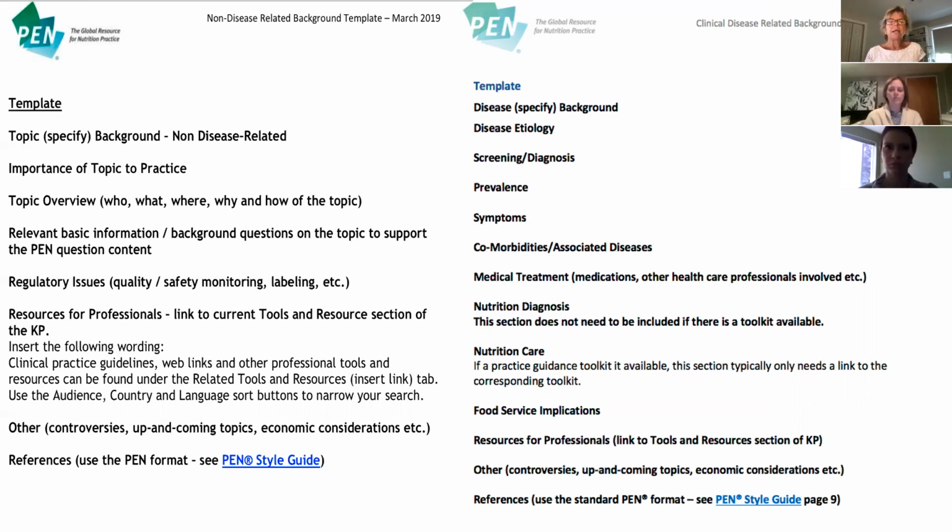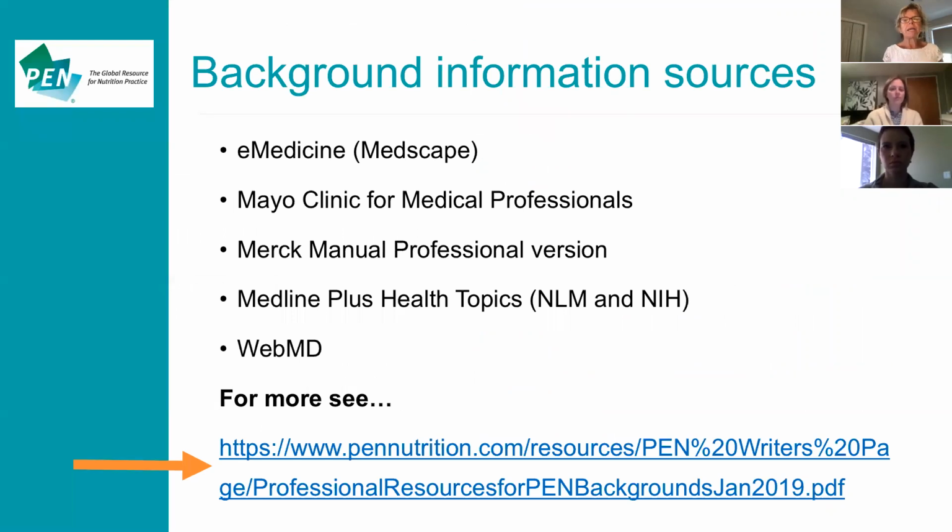It's an important part of understanding a topic. We have some information sources you would go to. I said textbook, but we have some electronic versions of resources that we can link to for this type of information. On our resource guide, which I'll be showing you towards the end, there is more information on background information sources for many of these topics.